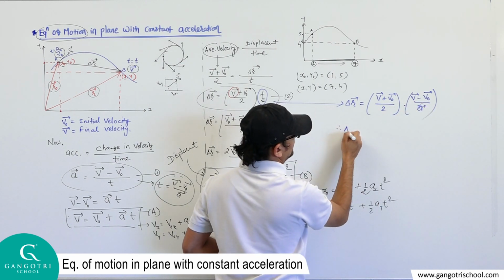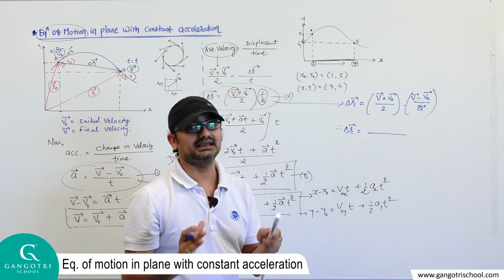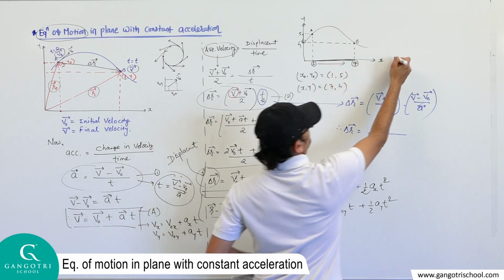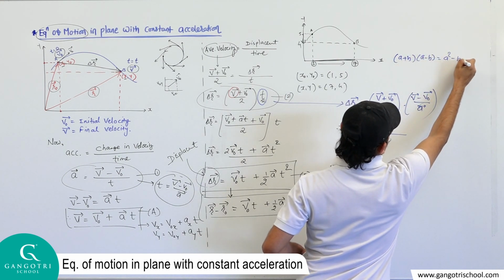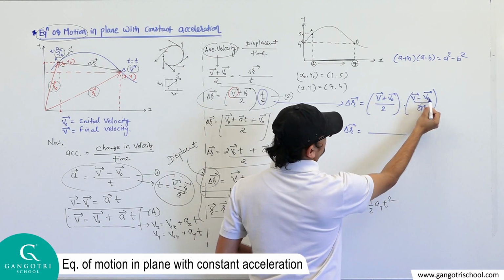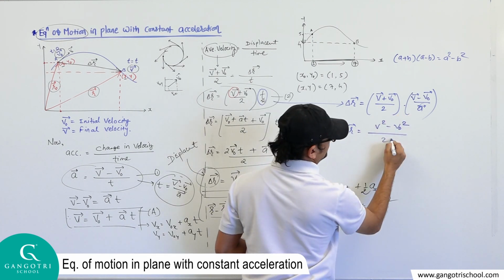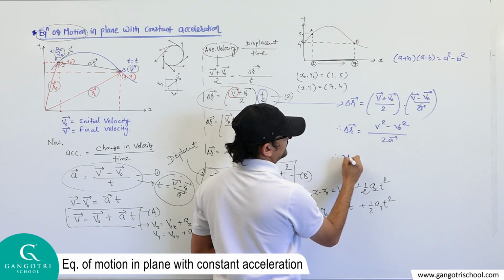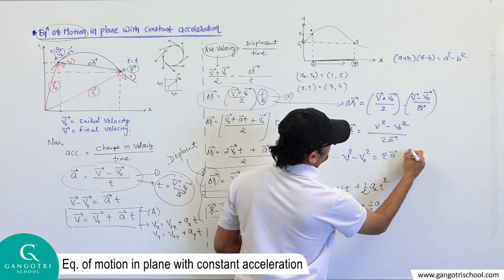So therefore delta r is equal to, dear student, we know that (a plus b)(a minus b) is equal to a square minus b square. According to that concept, (v plus v0)(v minus v0) is equal to v square minus v0 square, with denominator as it is, 2a. So finally we can write v square minus v0 square is equal to 2a delta r.